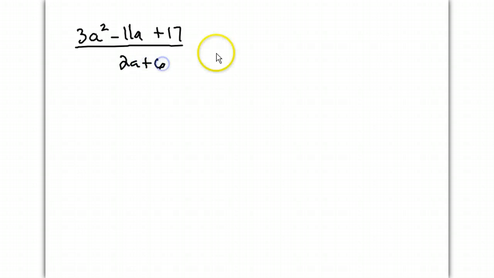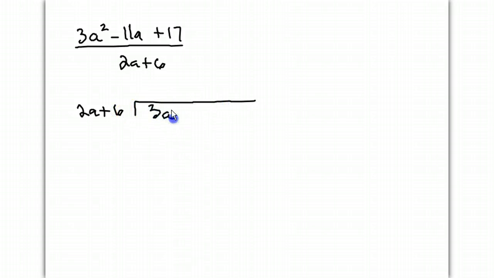Let's say we have 3a squared minus 11a plus 17, and we're dividing that by 2a plus 6. Well, what it looks like is 2a plus 6 divided by 3a squared minus 11a plus 17. So we look at the first terms of each one. So what would it take for 2a to get to 3a squared?